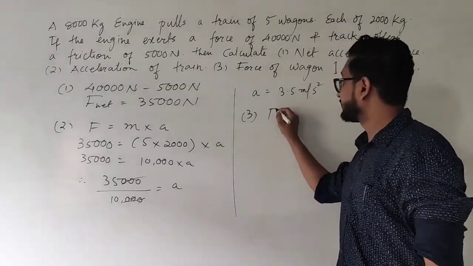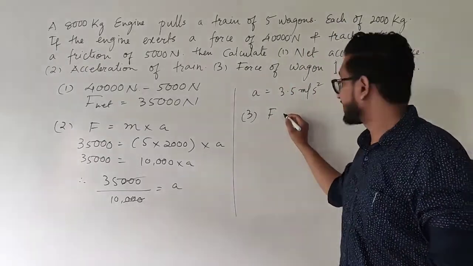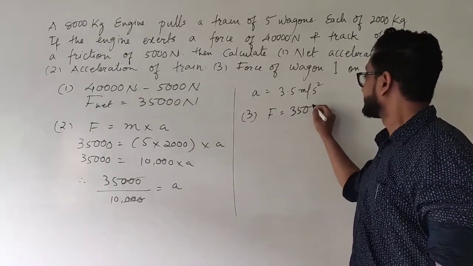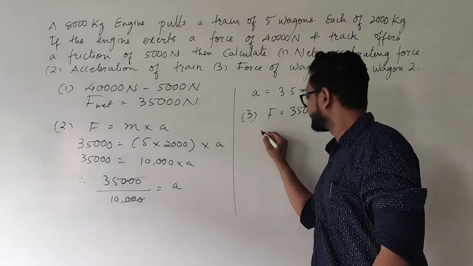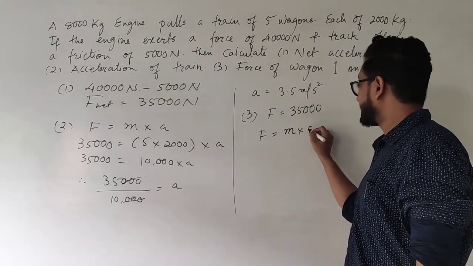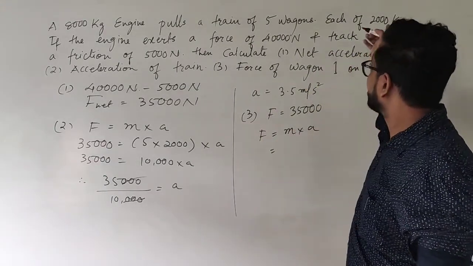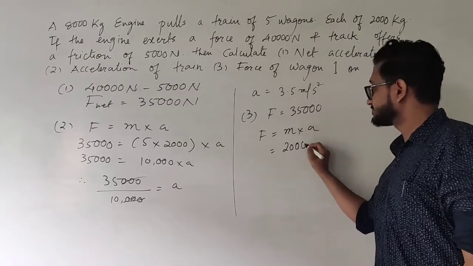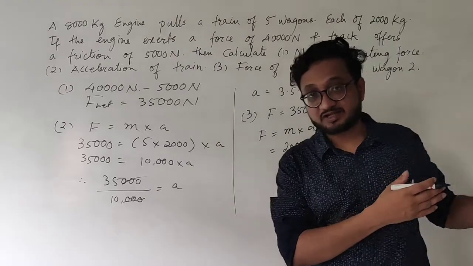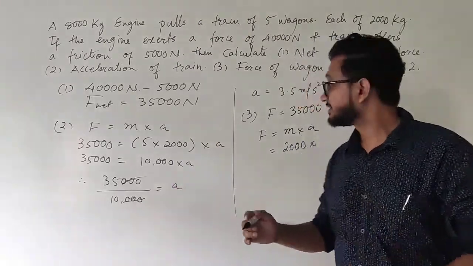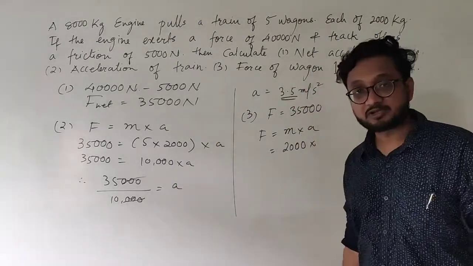So we can write that force F is 35,000 newtons. Okay, but we need to find the force applied by wagon 1 first. So force is equal to mass into acceleration. Mass of one wagon is 2,000. Okay, and what is the acceleration? Because the train is all moving with the same acceleration, the acceleration is going to remain the same, that is 3.5.